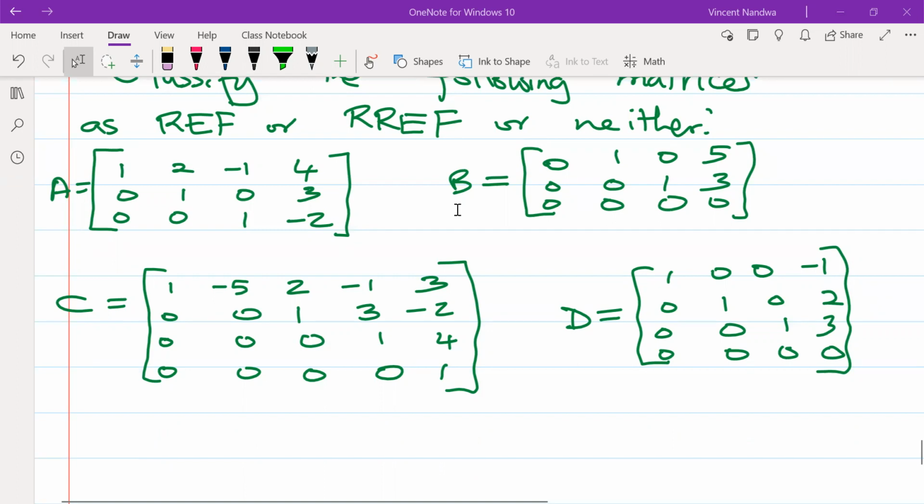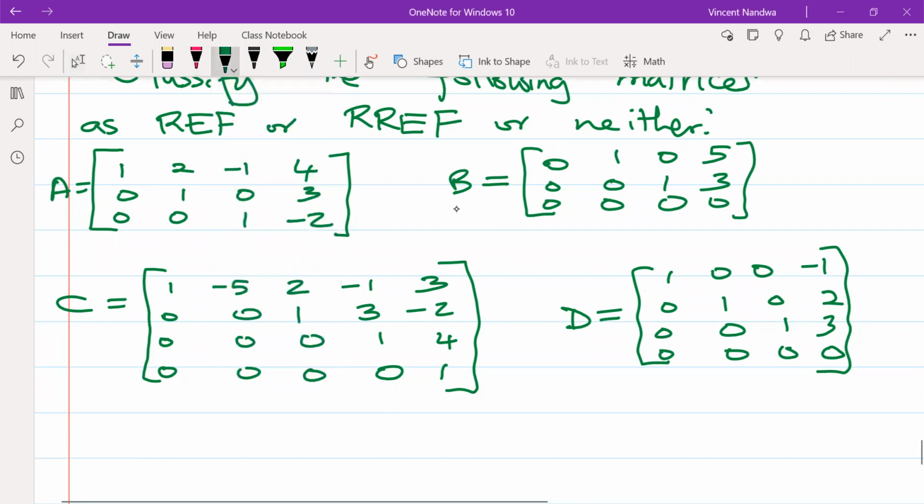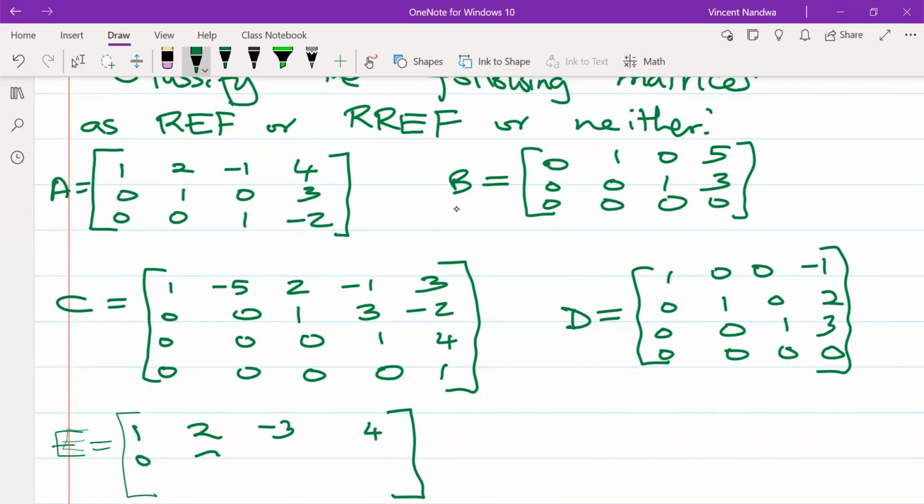So let me add another matrix here. E is given by 1, 2, minus 3, 4; 0, 2, 1, 1; 0, 0, 1, minus 3.